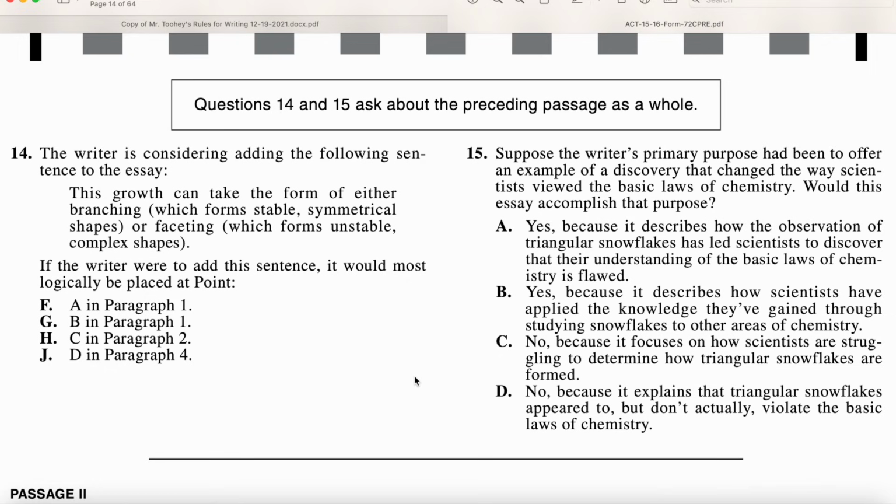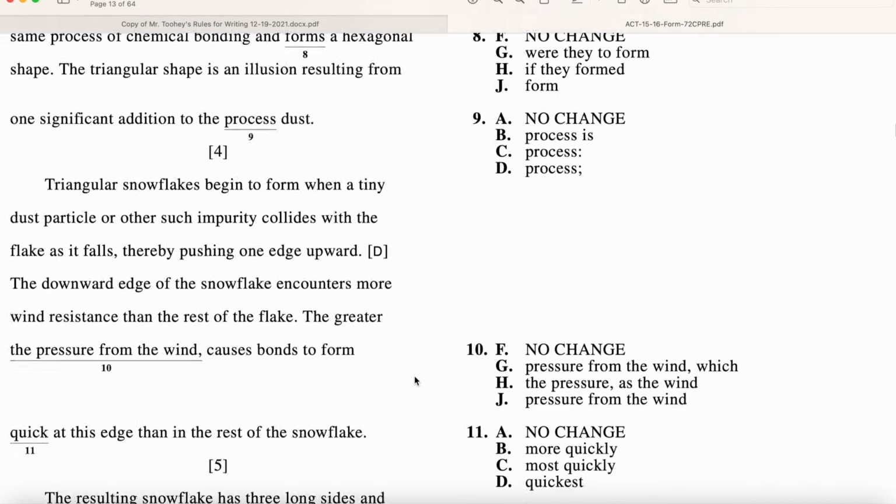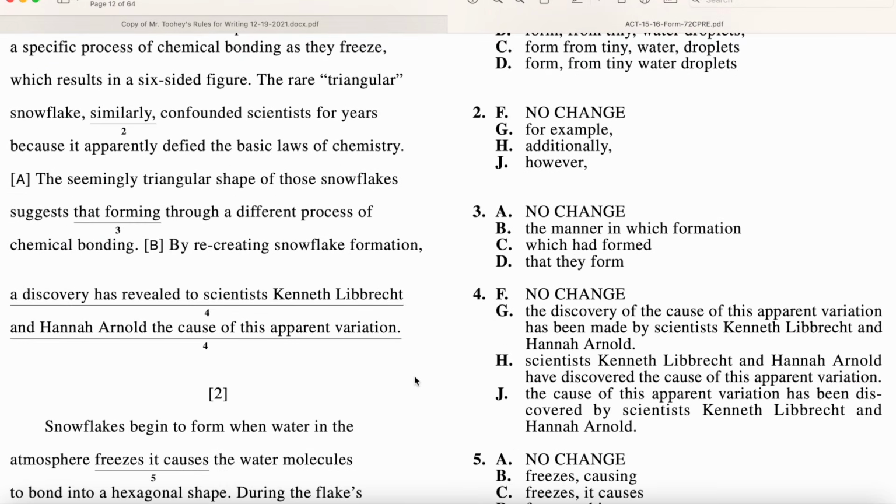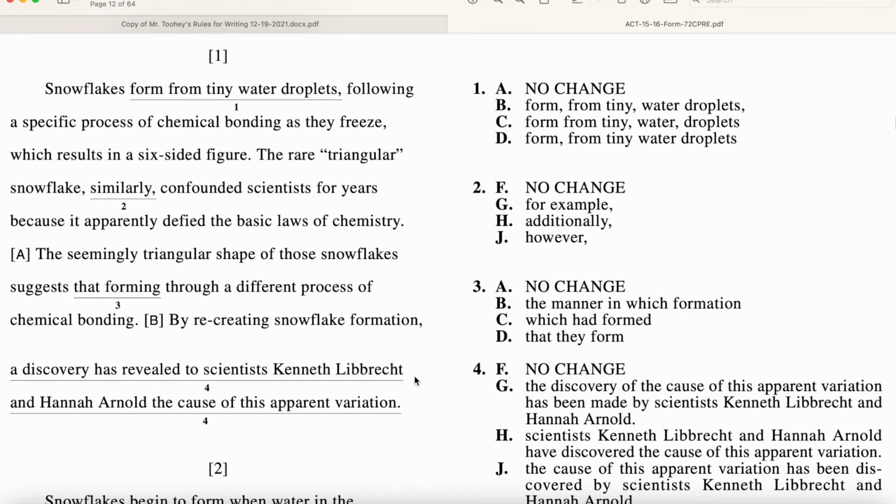If the writer were to add the sentence, it would most logically be placed at point A in paragraph 1. Let's go back to paragraph 1 and find point A. We need to plug it in. And there it is.